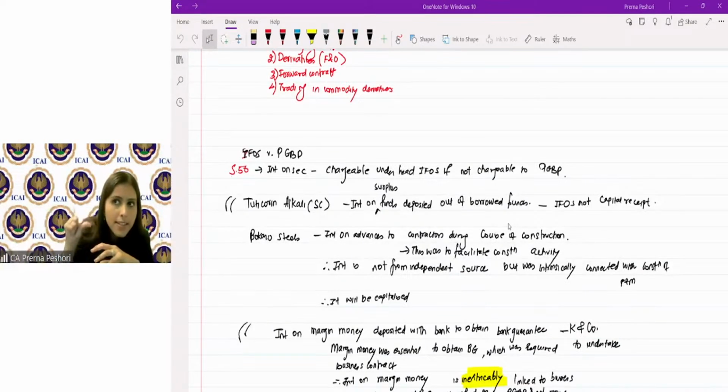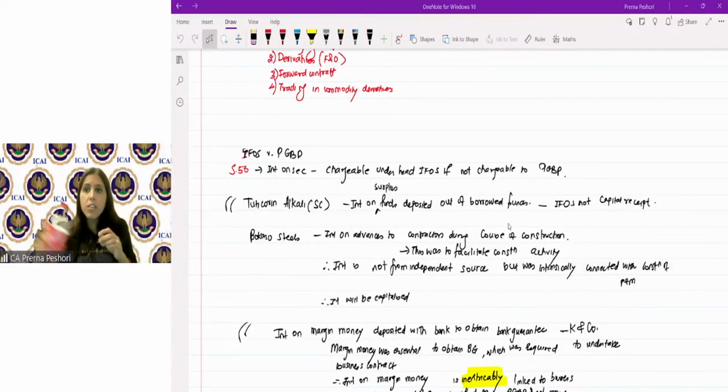Now the amount that is lying in the bank account, the share application money, if interest is earned on that money, whether that will be income from other sources or whether that will be a capital receipt. Yes, the interest on share application money.